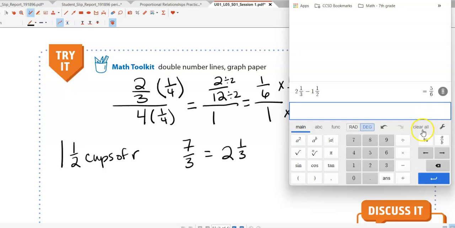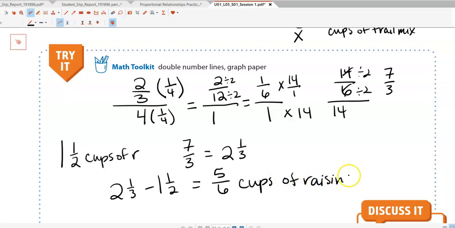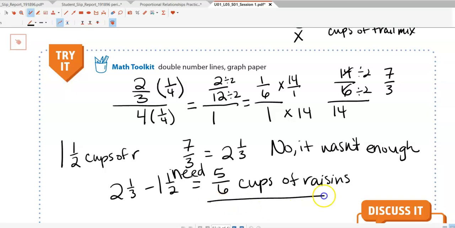So click on that, convert to fraction. So we have 5/6. So 2 and 1/3 minus 1 and 1/2 with our calculator, we know that we're going to need 5/6 cups of raisins. So no, it wasn't enough. And we need 5/6 cups of raisins. And that's how we answered that.